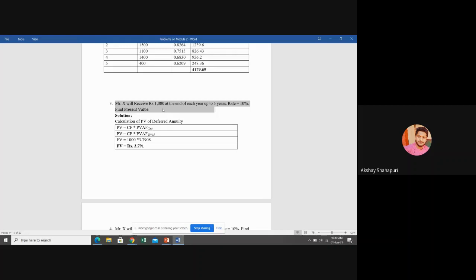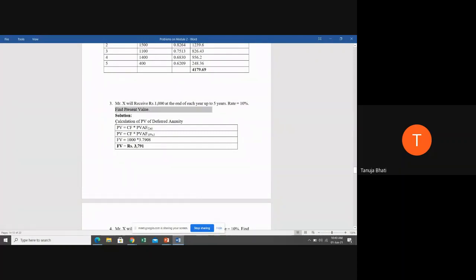Same amount in series. So correct. You are saying that equal cash flow arising multiple times, arising at the end of the period, is deferred annuity. Very good. So what is the formula to calculate present value of deferred annuity?